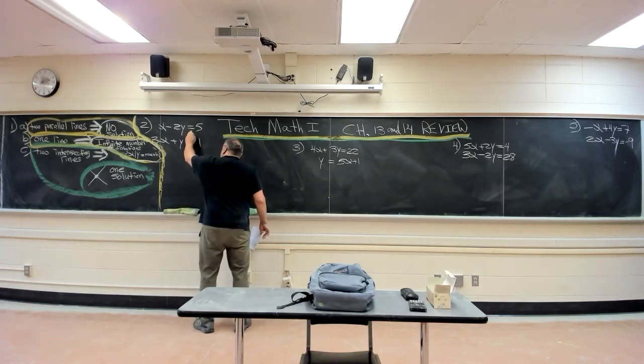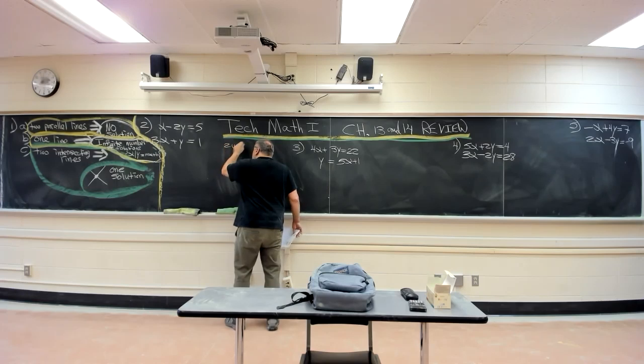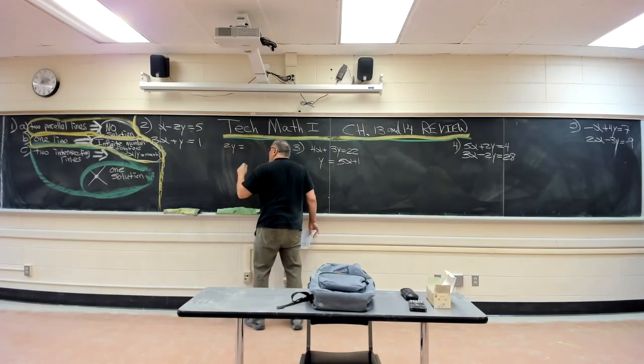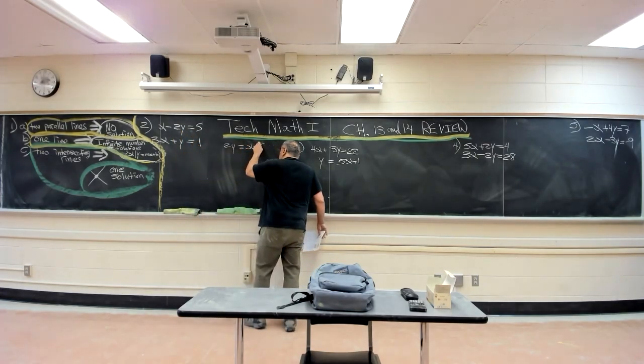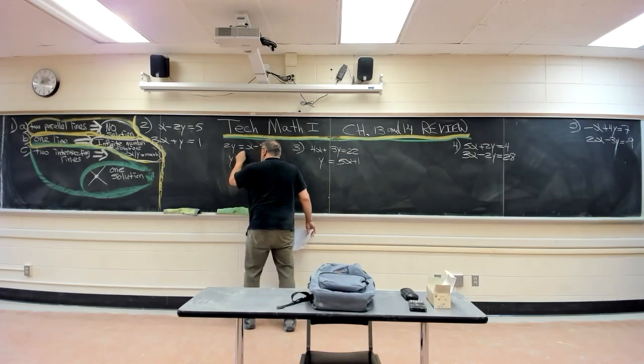If I take the top equation, add 2y on each side, and subtract 5, we get here, divide by 2.